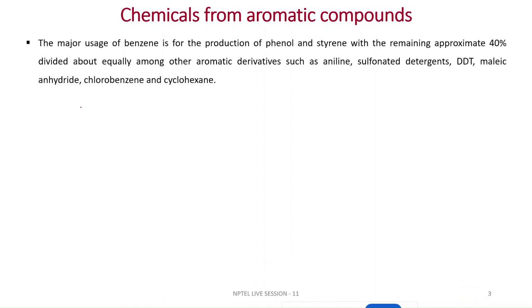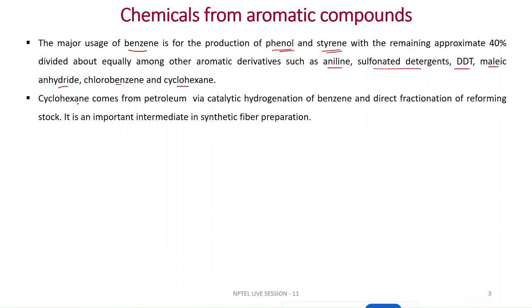Now next, we see that the major use of benzene is for the production of phenol as well as styrene, with the remaining approximately 40% divided equally among other aromatic derivatives such as aniline, sulfonated detergents, DDT, maleic anhydride, chlorobenzene, and cyclohexane. Cyclohexane also comes from petroleum crude oil via the catalytic hydrogenation method: catalytic hydrogenation of benzene, and direct fractionation of reforming stocks.